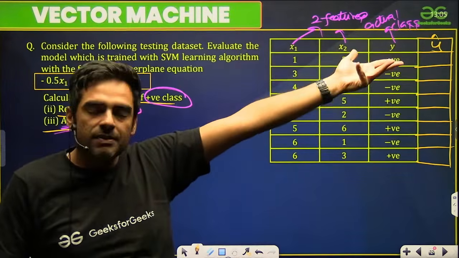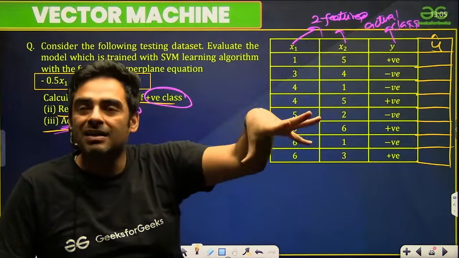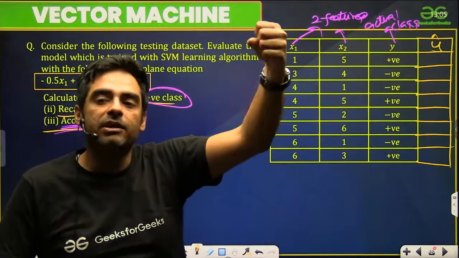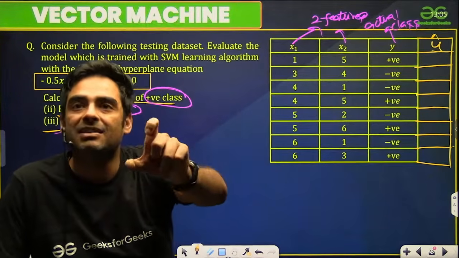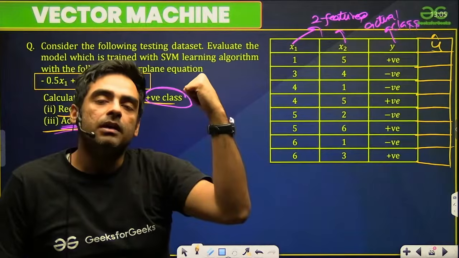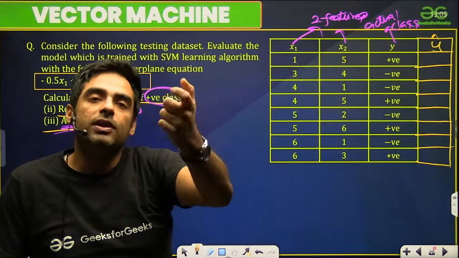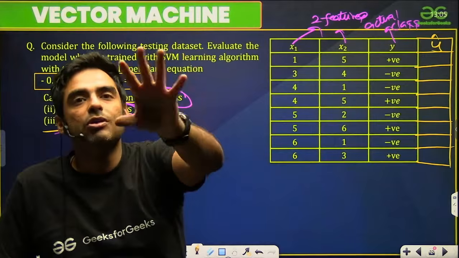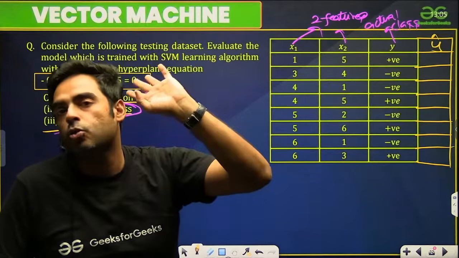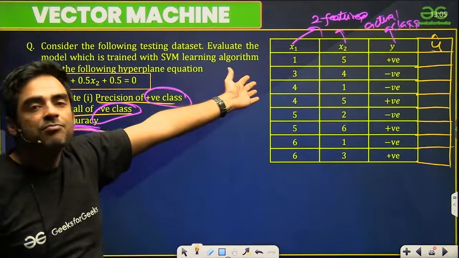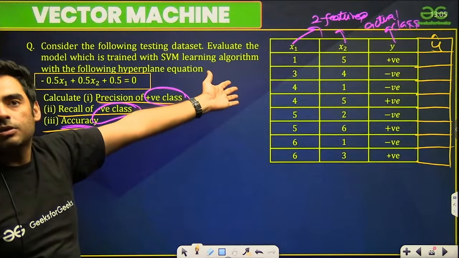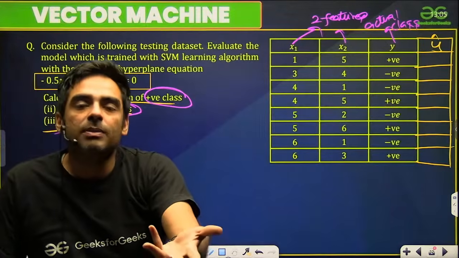You would have used a sigmoid function, got the probability from there, and from that calculated the prediction. But this is an SVM algorithm question, so it is very simple.